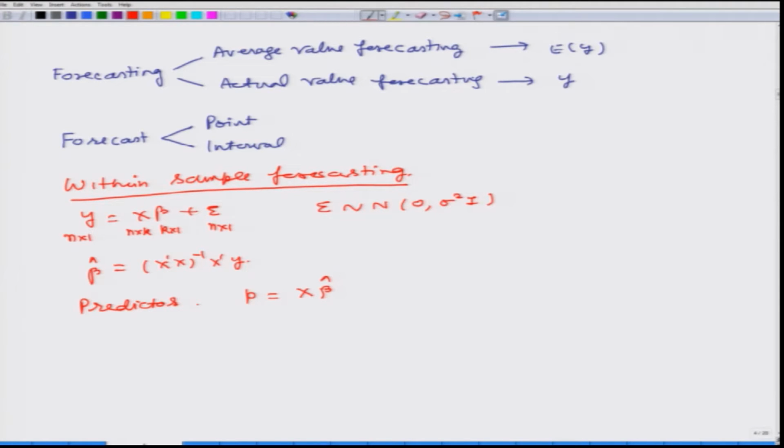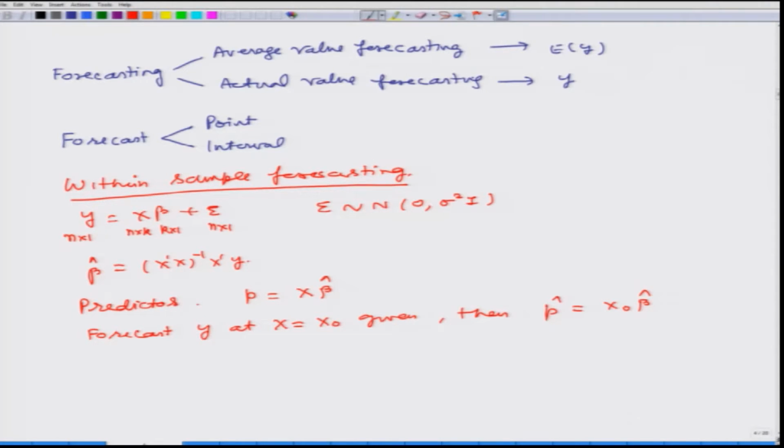Okay. Now, suppose we want to forecast the value of y at x equal to x naught, which is a given point. Then forecast is going to be p hat is equal to x naught beta hat.